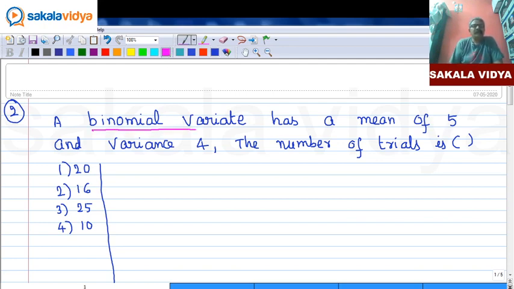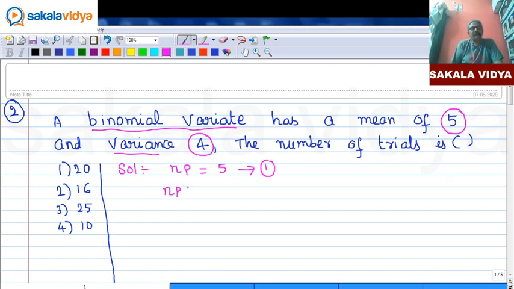A binomial variate has a mean of 5, variance is 4, that means this is np, this is npq. So, np equals 5, mean, equation 1, variance npq is equal to 4, this is 2. Apply 2 divided by 1.